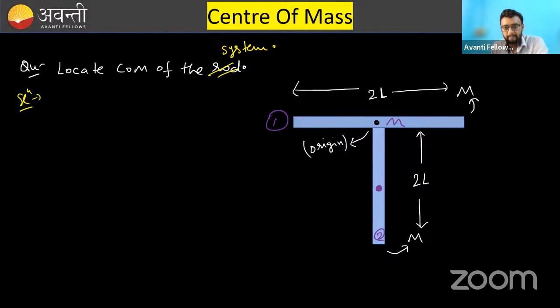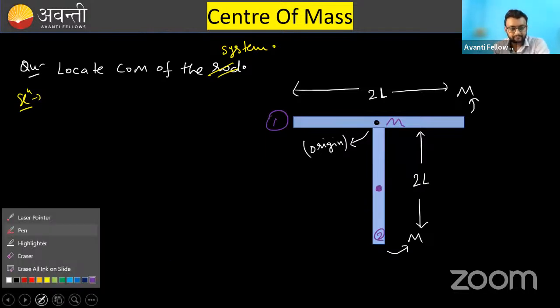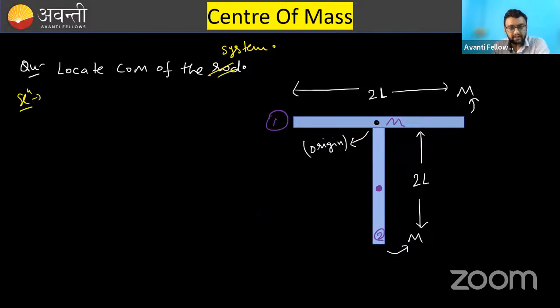Are these points visible? Now again, if I write, what will this separation be? You will say this is the midpoint, so this separation is L. So now what does this system look like? It looks like there is a mass m and there is another mass.